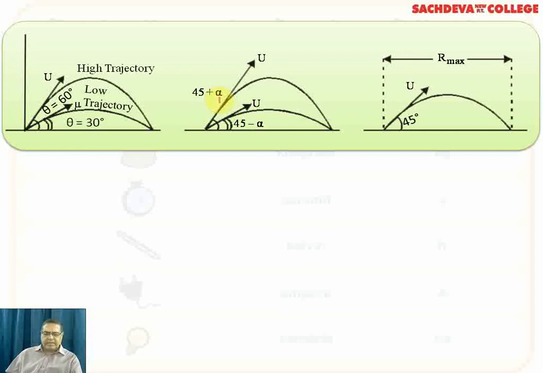Similarly, in the third figure, we find that the angle of projection is 45 degrees, and for this projection, the velocity is indicated by u and the range is maximum. So, whatsoever the angle may be, the heights of the trajectories can change, but the range will remain the same. So, the horizontal range in all three cases remains the same.